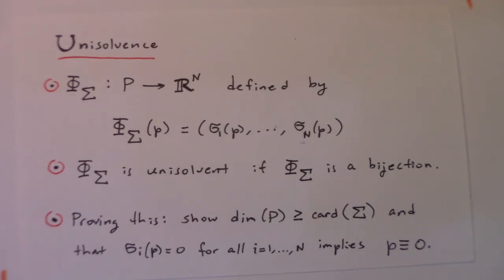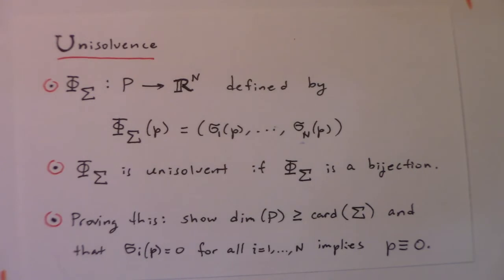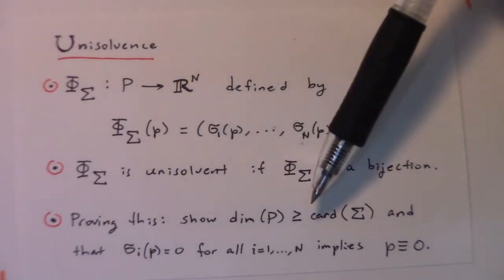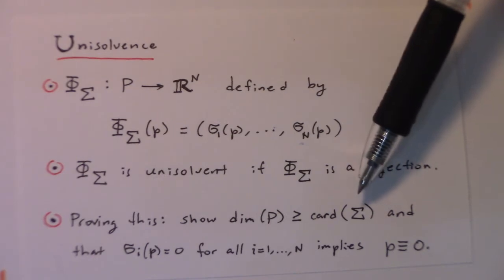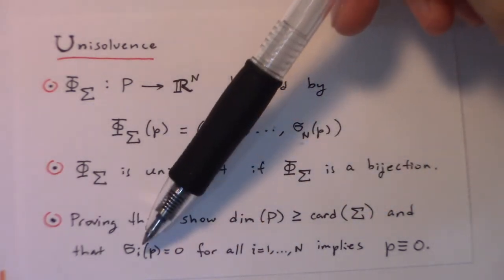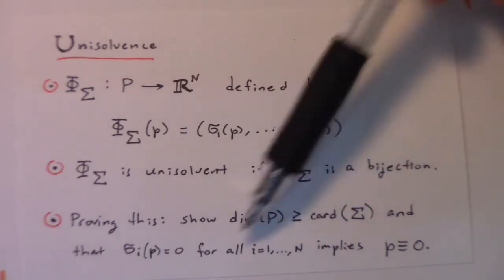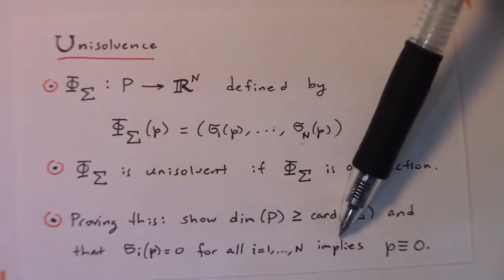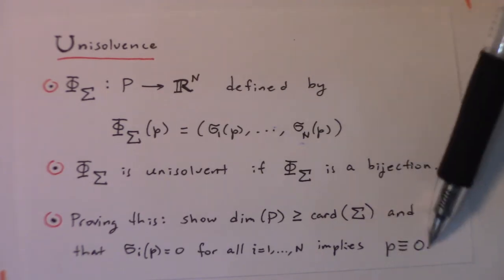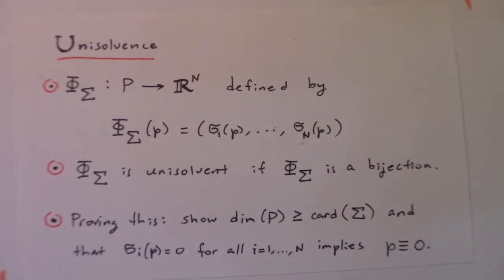Remember, a bijection means it should be one-to-one and it should be onto. So every P will give you a unique value in Rn, and every vector in Rn will have a corresponding P in capital P. So if we want to prove that this mapping is a bijection, it's enough to show that the dimension of P is greater than or equal to the cardinality of sigma, and that if sigma I of P is equal to 0 for every linear functional sigma I, then that implies your function is identically the 0 function.